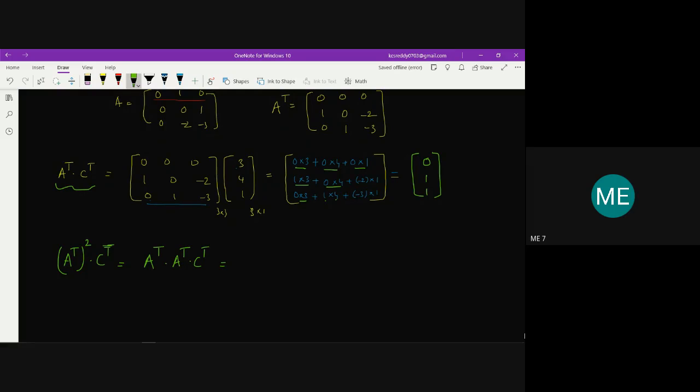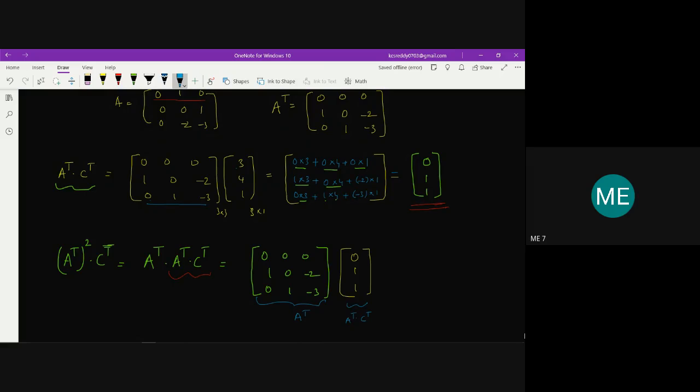So I can use A transpose, which is 0, 0, 0; 1, 0, minus 2; 0, 1, minus 3, and the resultant of A transpose C transpose, which is 0, 1, 1.